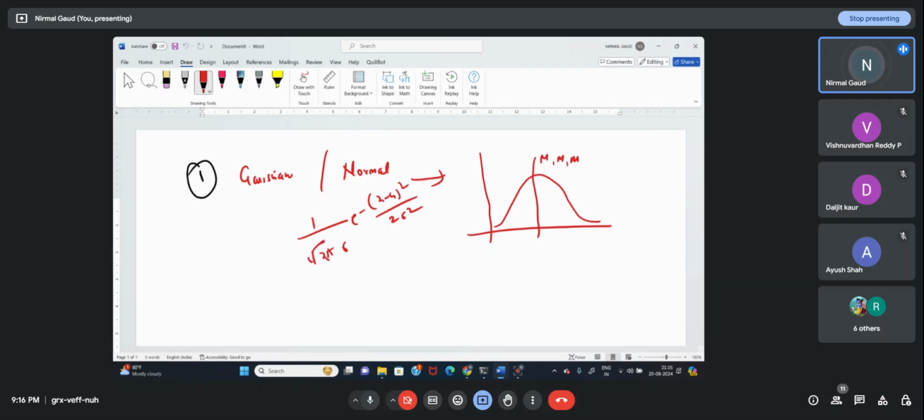This is the formula for the normal or Gaussian distribution, where nu and sigma are the mean and standard deviation.